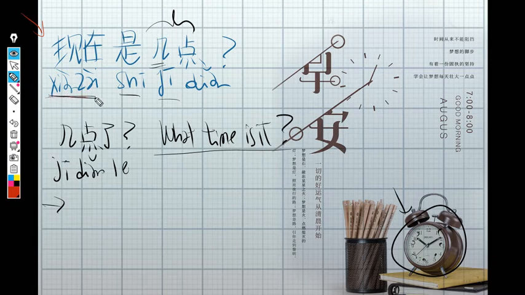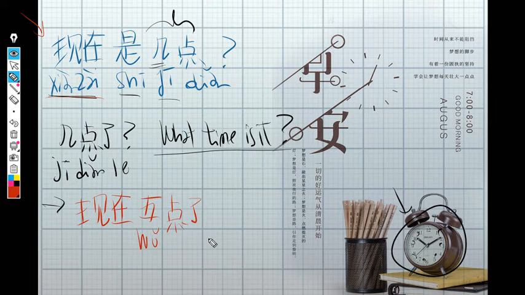So we're gonna start the same way. 现在, you look at your watch and you say 现在 let's say it's 5 p.m. 5点了. 现在5点了.